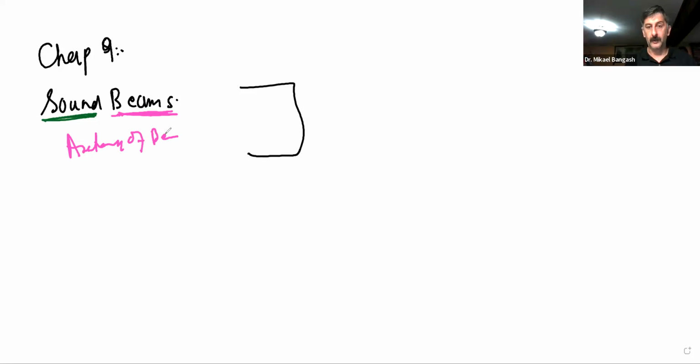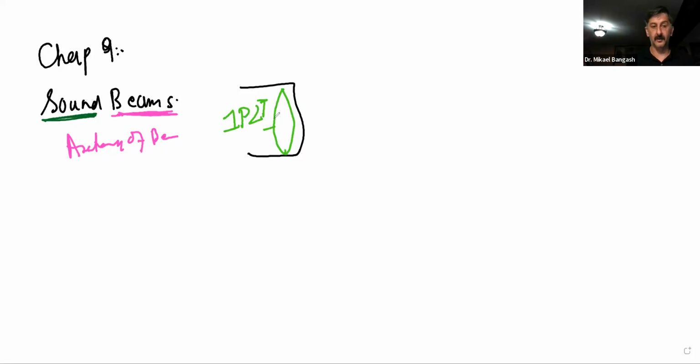Now to understand a little bit about that, we say we have a PZT. In this chapter, we ask what is going to be the shape of a beam produced by a single PZT.